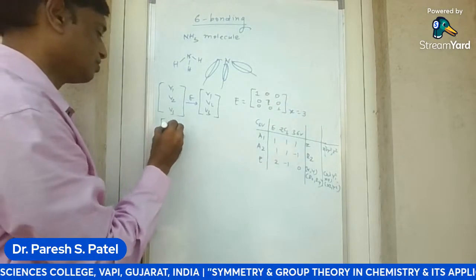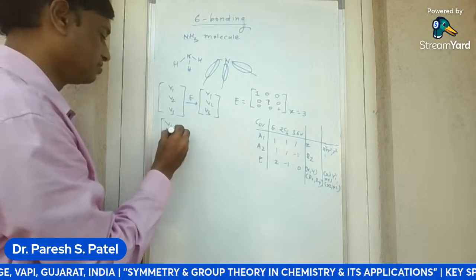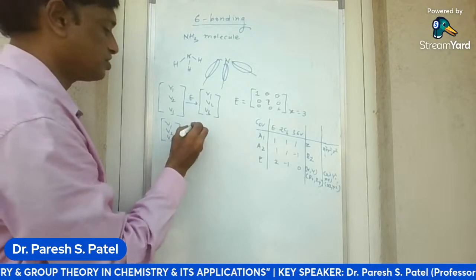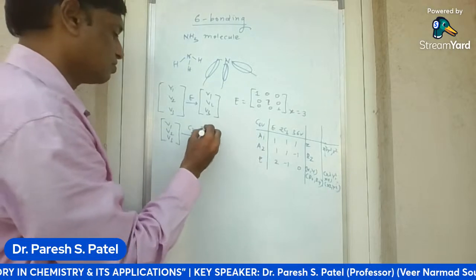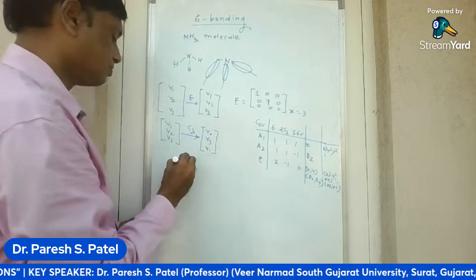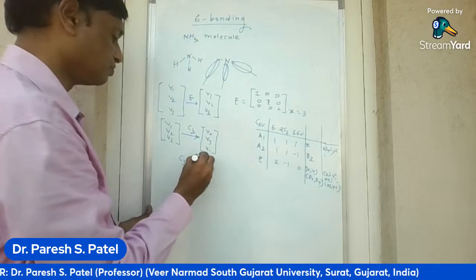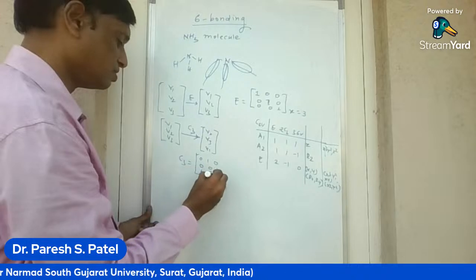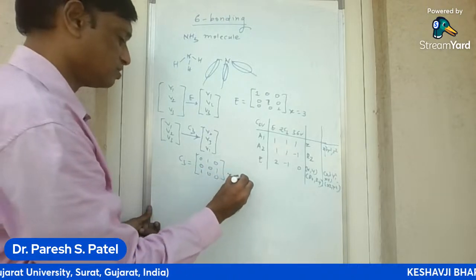Next, v1, v2, and v3. If you operate the C3 symmetry operation, we get v2, v3, v1. So the matrix representation is 0 1 0, 0 0 1, 1 0 0. It means the character is equal to 0.